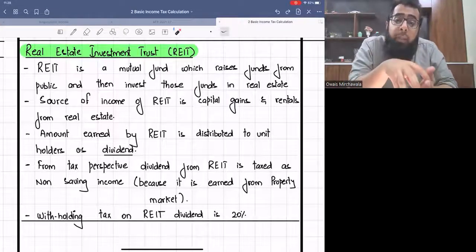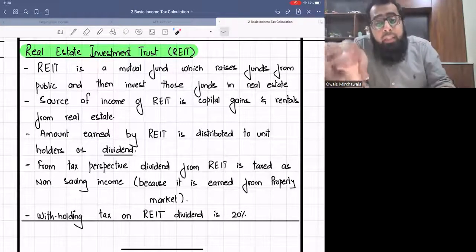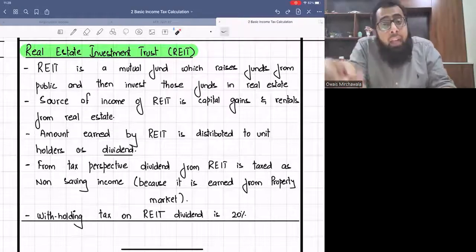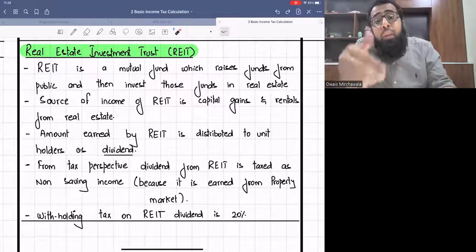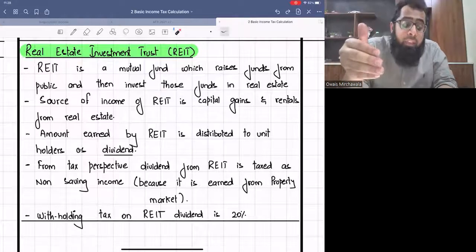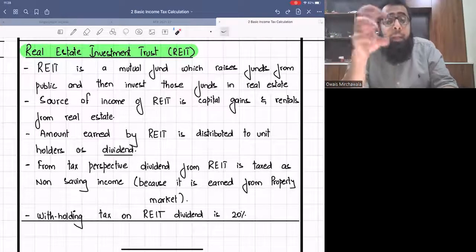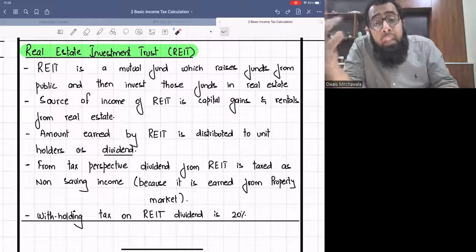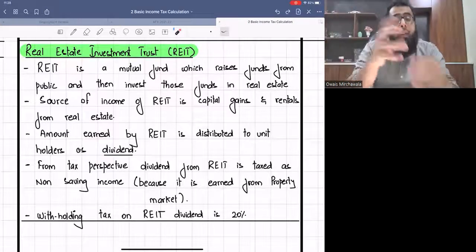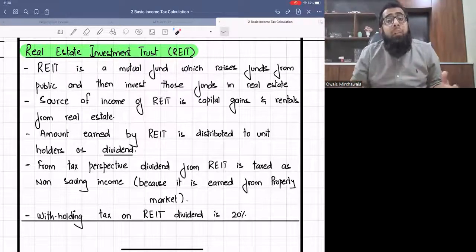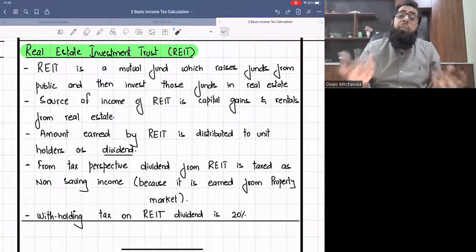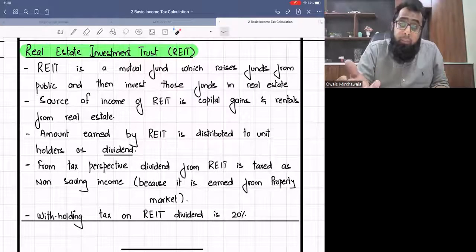The tax department says that we will not treat this amount as a dividend. Rather, we will treat it as a non-saving income. We will treat it like a property income because it is earned from real estate market. It is not earned like an income of a company.